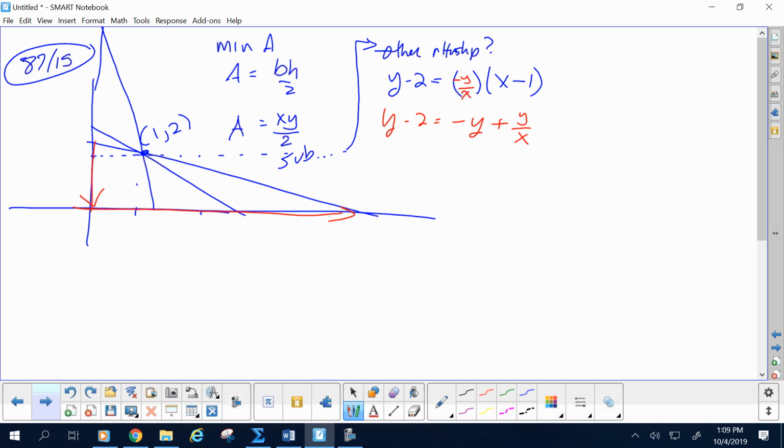Okay, so if I clear the fractions, I multiply 2 by an x, I get xy minus 2x equals negative xy plus y. If I'm going to solve for x, then I want everything with an x together, yay? So I'd get 2xy minus 2x equals y. X then is y over 2y minus 2, yay?